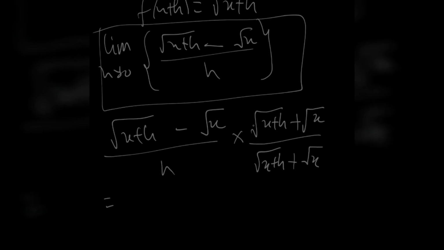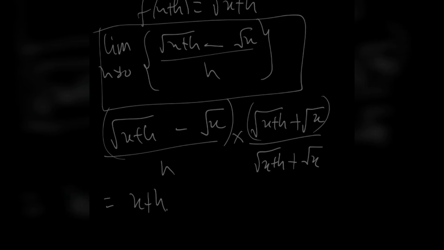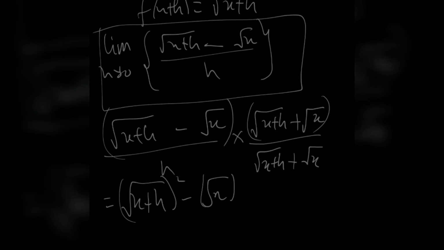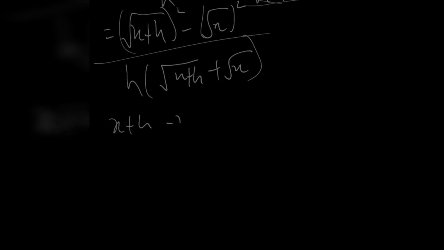Okay, so this is just difference of two squares, so that's going to give us root of x plus h all squared minus root x all squared, all over h times this whole thing, so we get h multiplying root of x plus h plus root x. Okay, now simplify or expand the numerator, we get x plus h minus x, then the denominator gives us this.